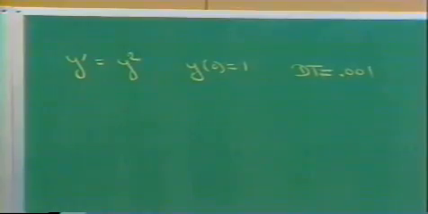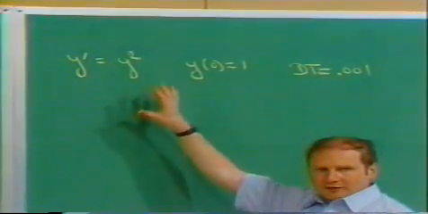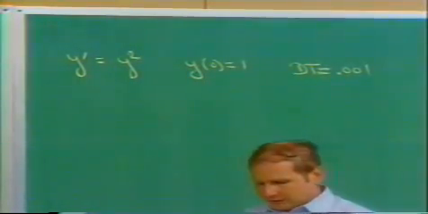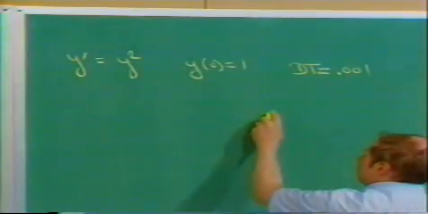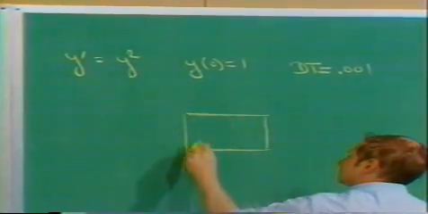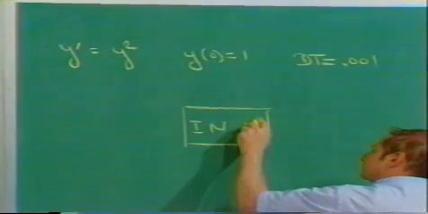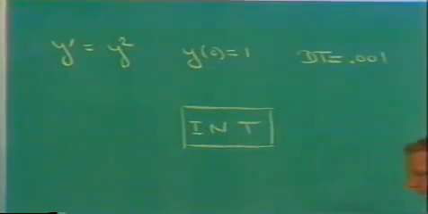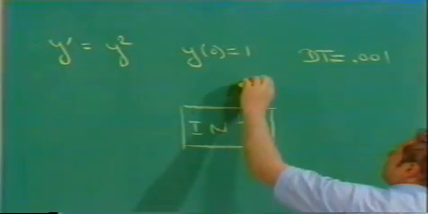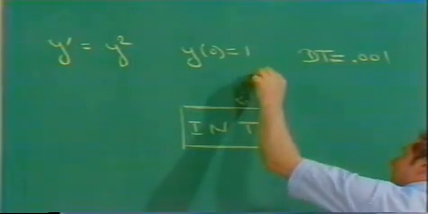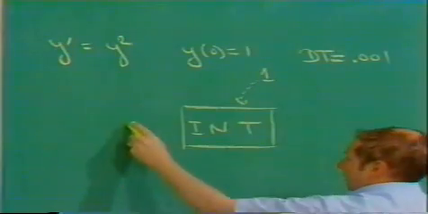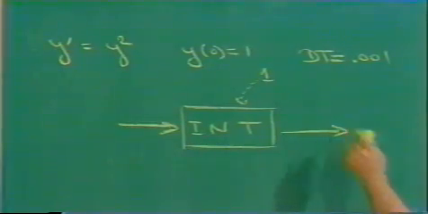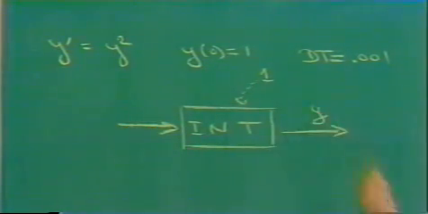Now, in the old days, people built analog computers to solve these kinds of things. And the way you do that is really simple. You get yourself an integrator, like that one, integrator box. And we put in the initial value. Y of 0 is 1. And now, if we feed something in and get something out, what we're getting out is the answer.